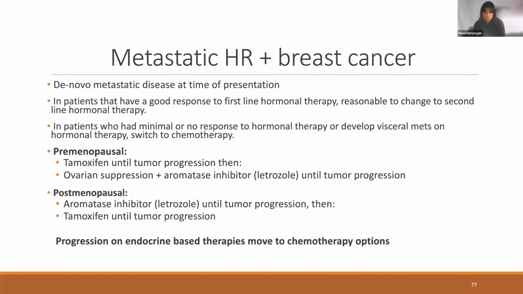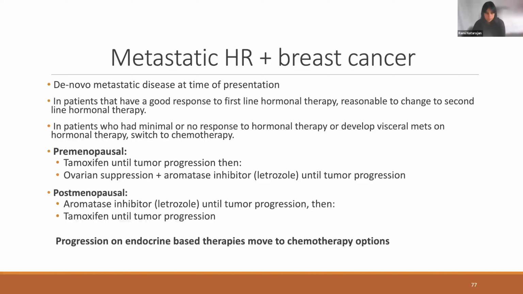So for premenopausal women, you could do it either way. You could do tamoxifen until disease progression, then ovarian suppression plus aromatase inhibitor. Or you could start with an aromatase inhibitor and do tamoxifen. There's no right answer. It depends on your context and what's available. Of course, if there's no ovarian suppression available, it's not okay to start an aromatase inhibitor.